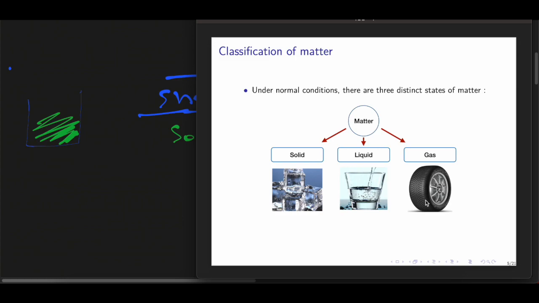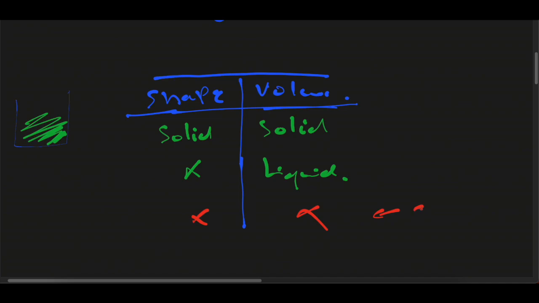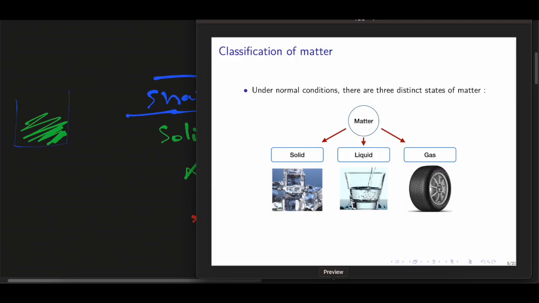So it takes the form of its container, and also it takes the volume of its container. Okay, so solid has a fixed shape and volume, liquid has only a volume but not a fixed shape, and the gas has neither fixed shape nor fixed volume.